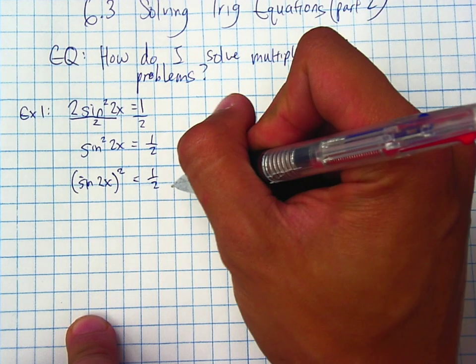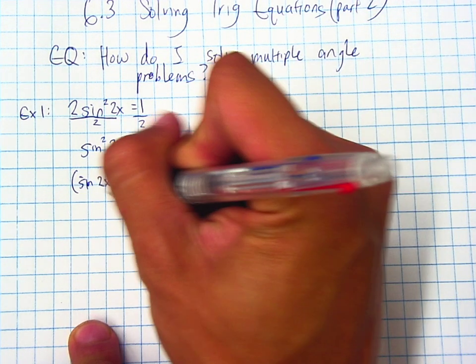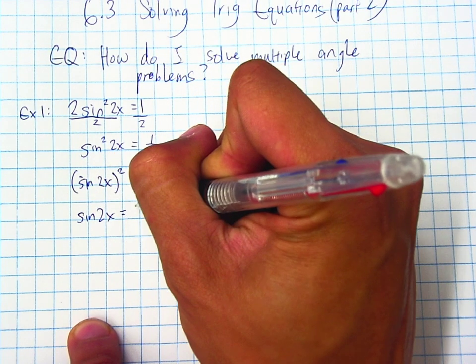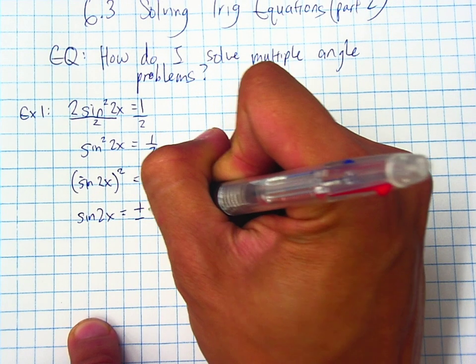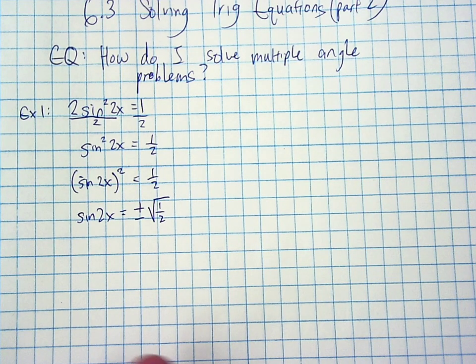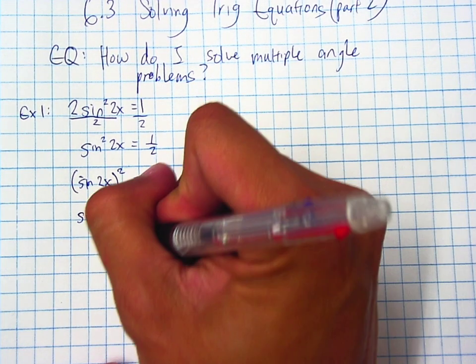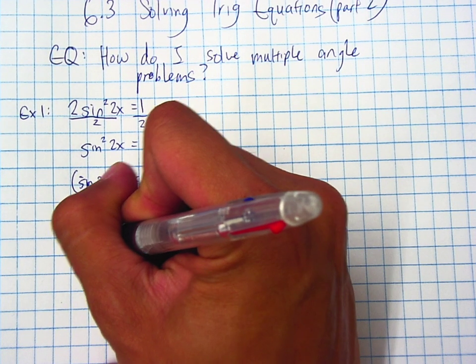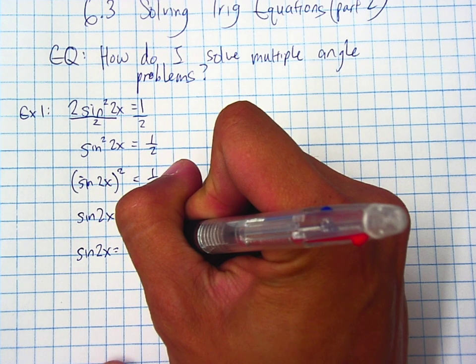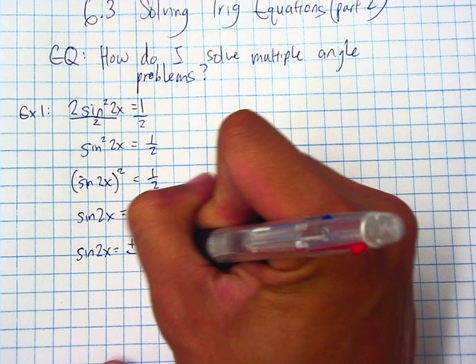And when I square root both sides, remember, you have to add a plus or minus. So sine 2x equals plus or minus square root of 1/2. And if I rationalize that, I will end up with sine of 2x equals plus or minus radical 2/2.